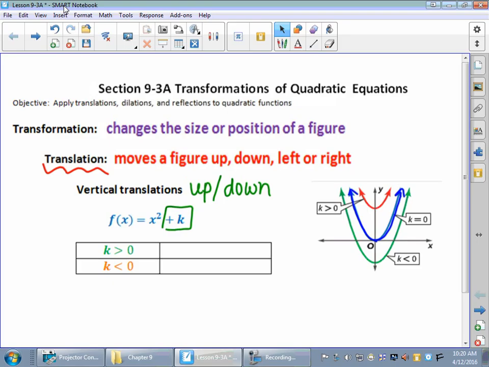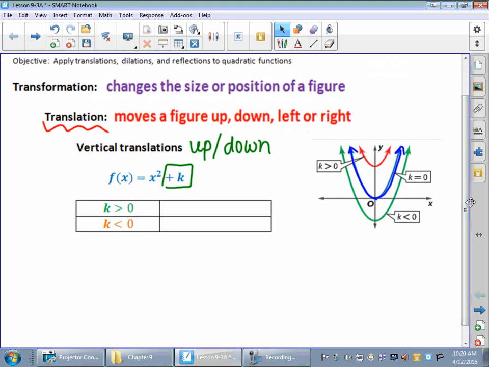If that number is greater than 0, we end up translating up. I'm going to put shifts up, or moves up if you prefer. If your k value, your number added at the end, is less than 0, like say -1, that parabola shifts down.